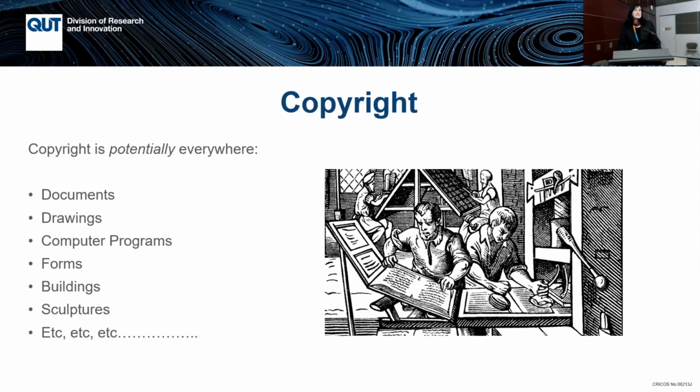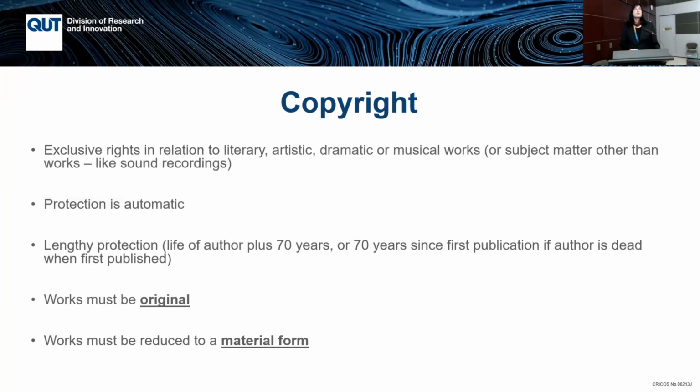Forms, buildings even can potentially be IP. Artistic works, but also subject matter which can have copyright in it may include voice recordings, video recordings, etc. It's potentially everywhere. And what it really is, is the exclusive right to do certain things with a particular work.